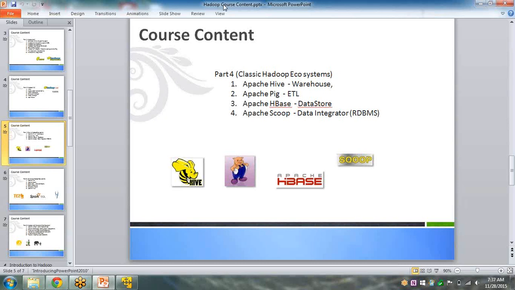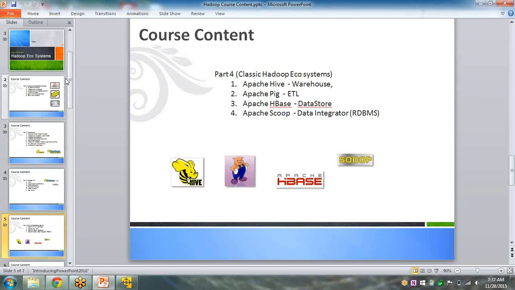If you look at the perspective of what the end customers and stakeholders want, they have huge data in terabytes.